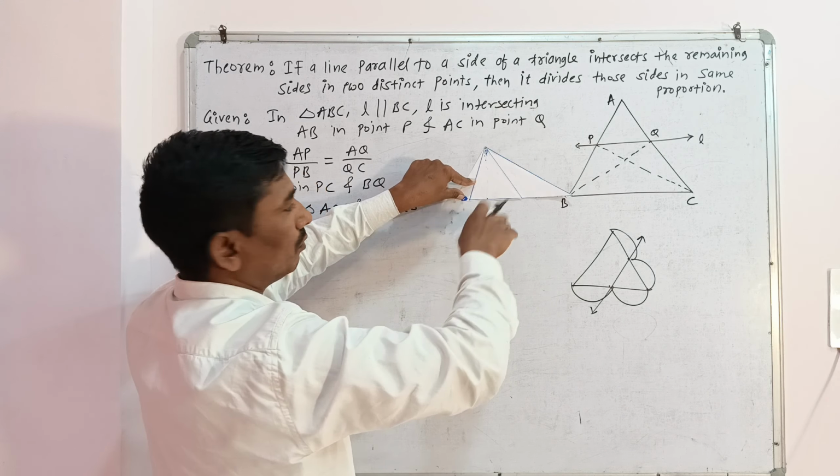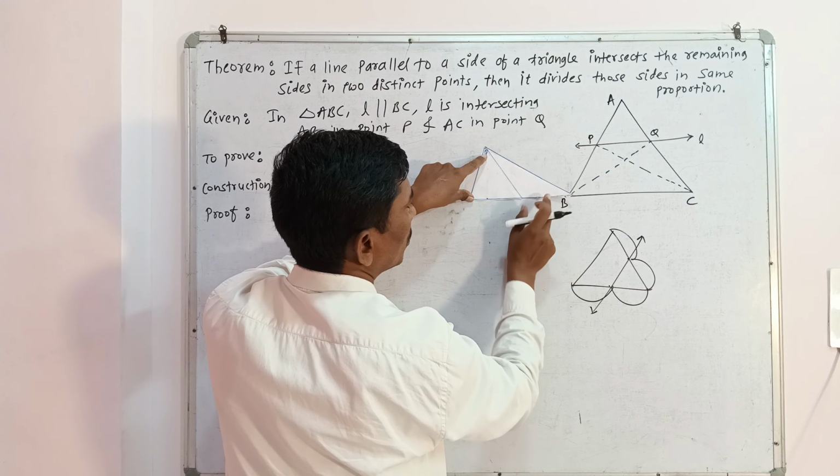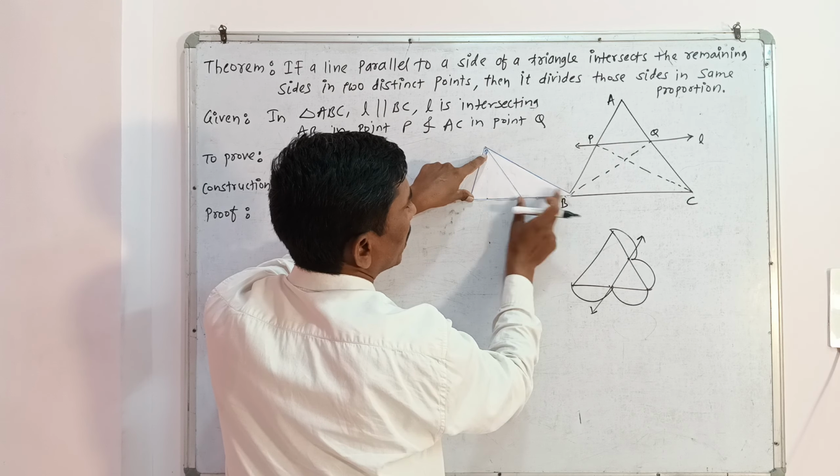Just remember for a while that the area of triangle APQ will be half base into height. Here the base is AP, and then here it will be the height. We don't have the height here, but we have to take that. Now, if you take the other triangle, PQB, it will have P here, B here, and Q here. In triangle PQB also there is a base, PB, and a height.